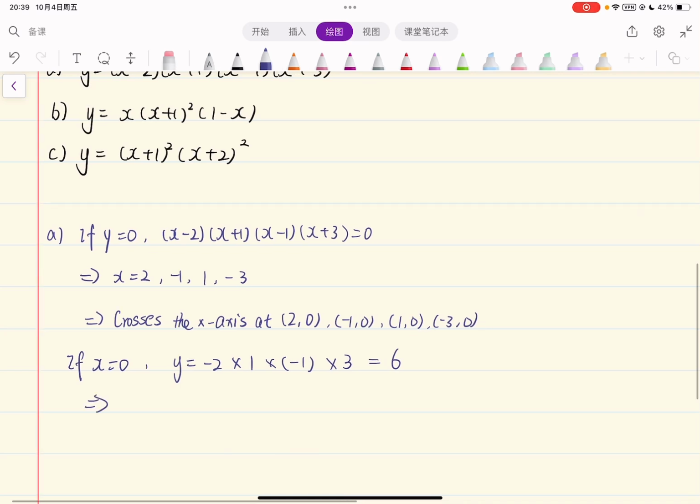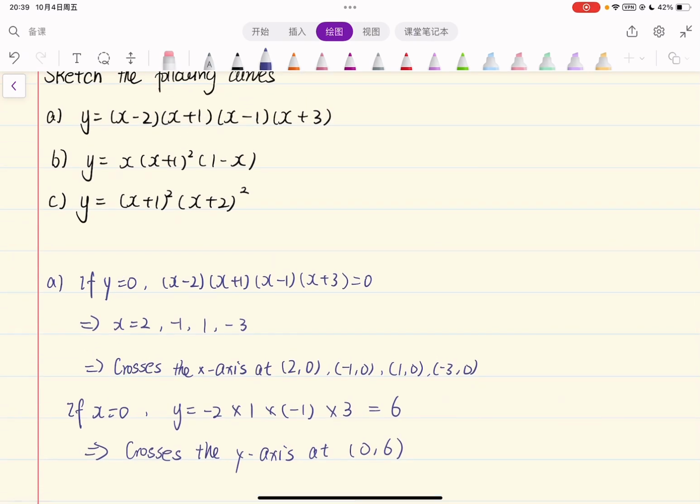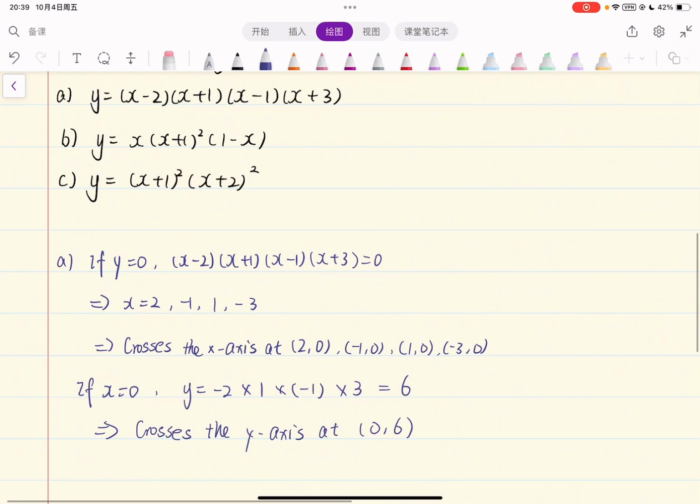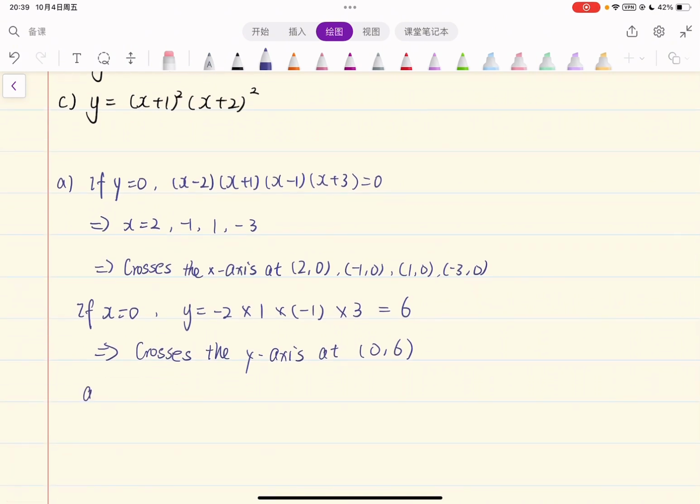So the curve crosses the y-axis at (0, 6). If you expand the function, the coefficient of the leading term, x to the power 4, equals 1. So a equals 1, which is greater than 0, which means the curve is W shape.